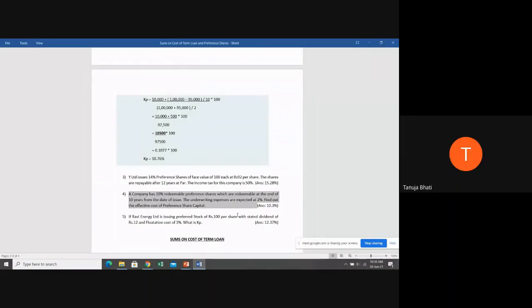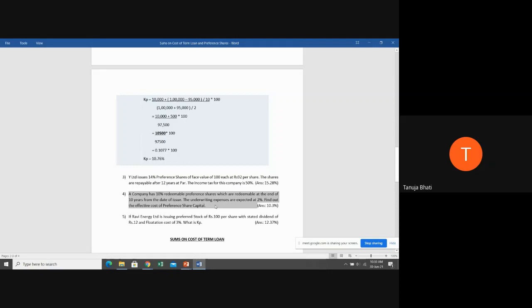So you start your answer by saying, since no information about face value is given, I assume the face value to be rupees 100. So start your answer with the assumption, because the information about face value is not given. You can take the face value to be 100, 1000, or 10,000; that all depends on your assumption.